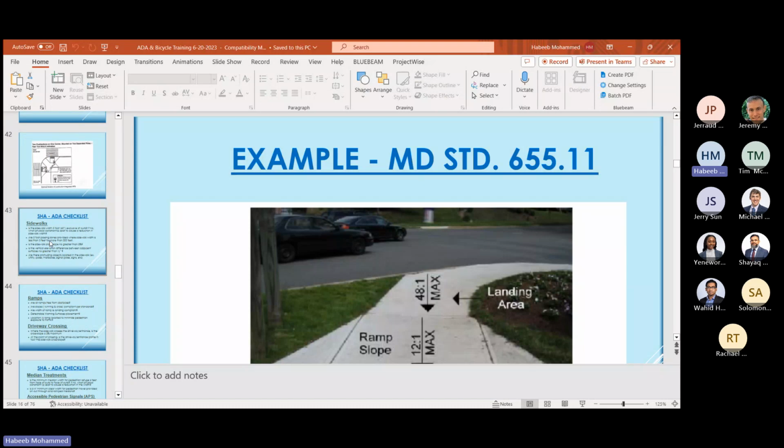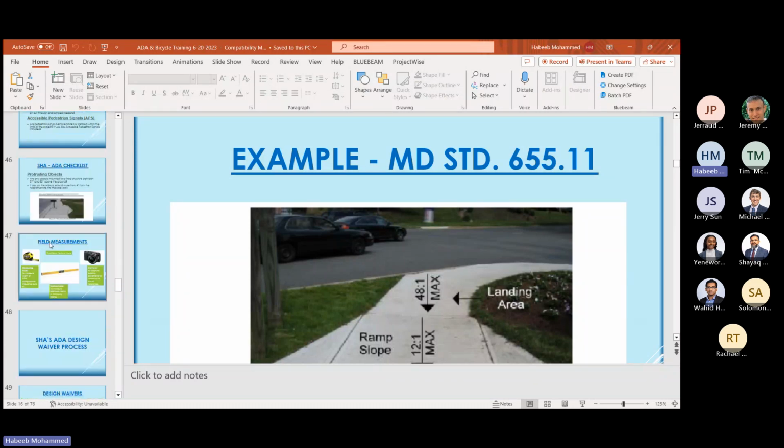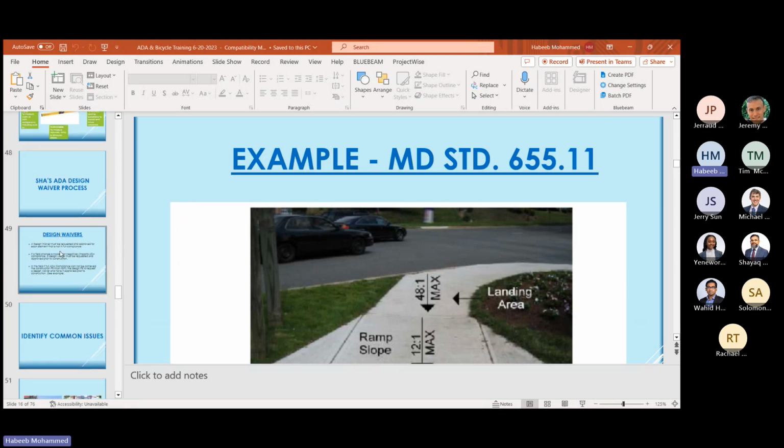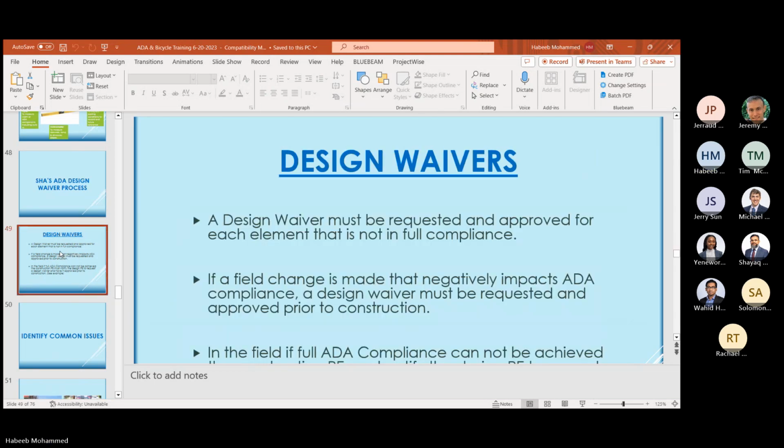Does anyone recall where we stopped? Which slide it was? I think it was design waivers, right? That's where we stopped. Can anyone confirm that, or not sure?